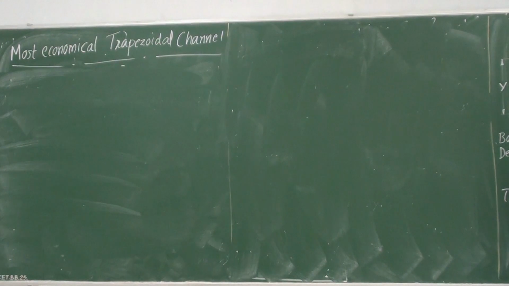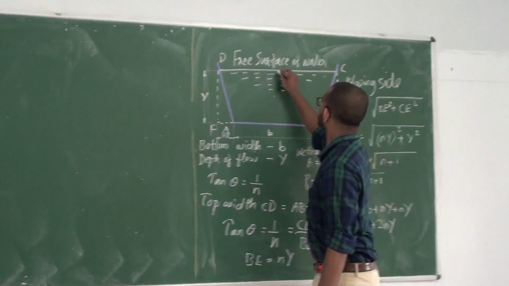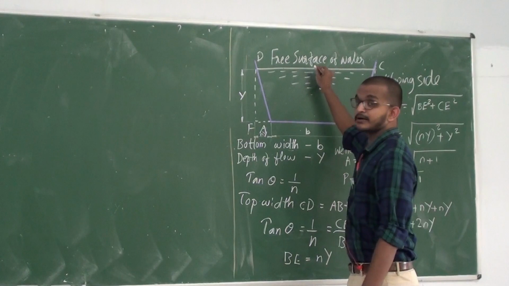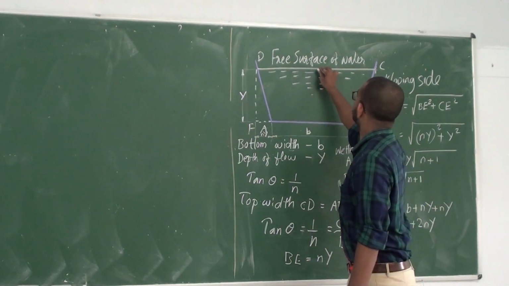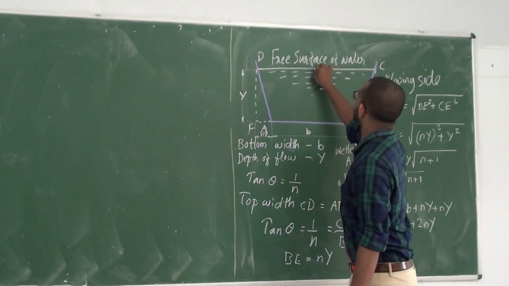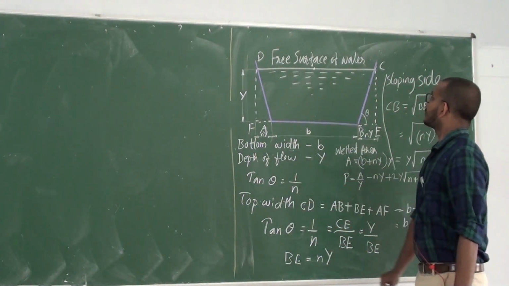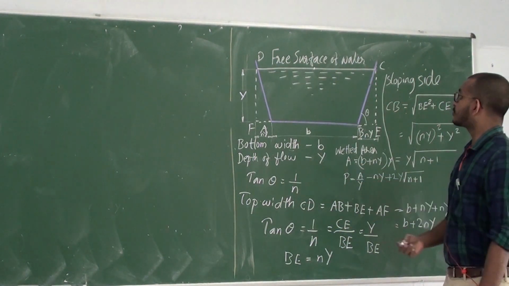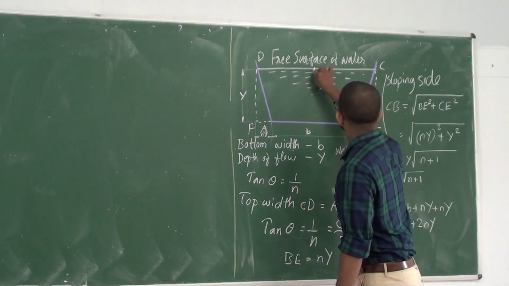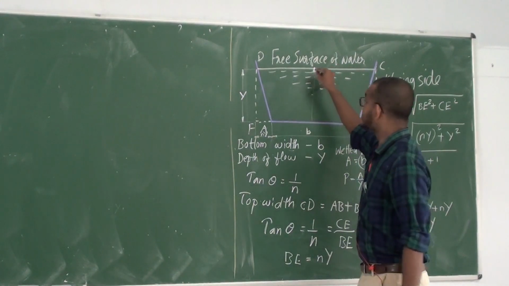In order to derive the third condition, let us draw a semicircle whose center is the midpoint of the top width, and the radius is equal to y, the depth of flow.